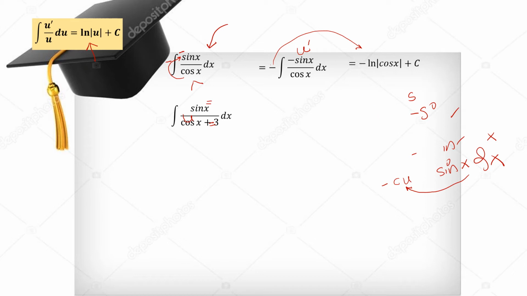Just like the previous example, the negative is not written in the numerator, so you write the negative outside and the negative inside. Now the derivative is present in the numerator and the function is the u. So just write ln of the function, that is cos x plus 3, and don't forget to write the negative at the start.